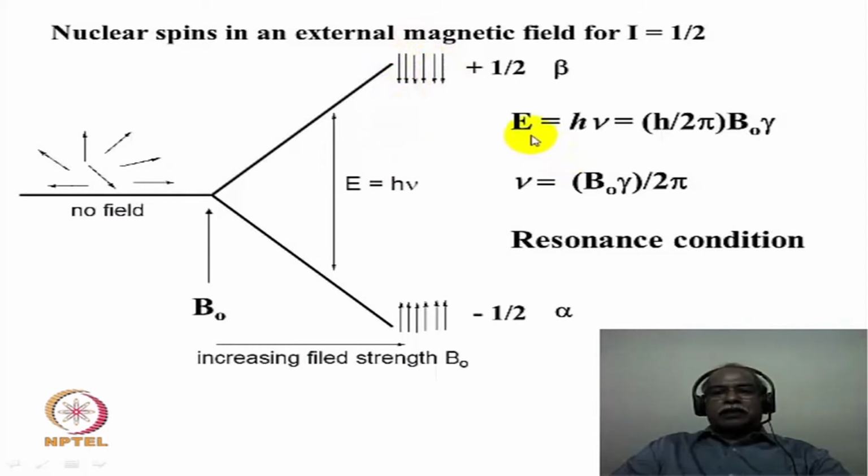Now, this is the equation that governs the basic NMR experiment. This frequency, or this energy gap, is directly proportional to the applied magnetic field. It is also directly proportional to gamma, which is the gyromagnetic ratio. So these are the two parameters on which the energy separation between the ground state and the excited state depends.